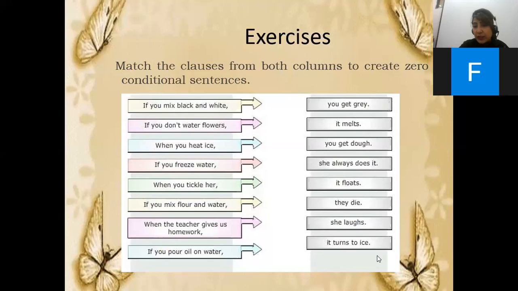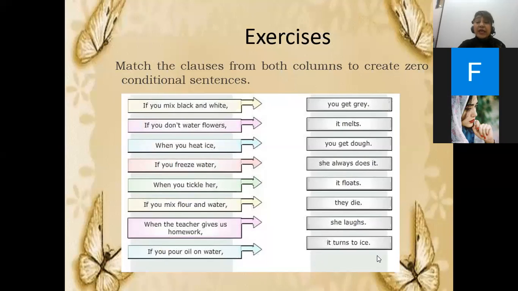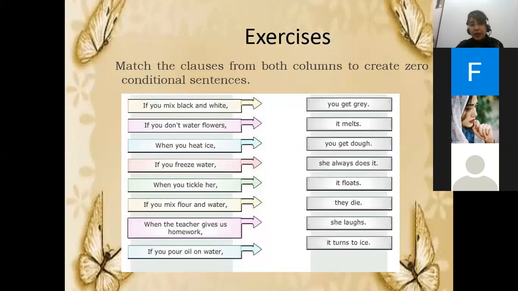Ma'am, you get gray. You get gray, right? So when you mix black and white, you get gray color. Great. If you don't water flowers, then what happens? They die. Excellent. Thank you.